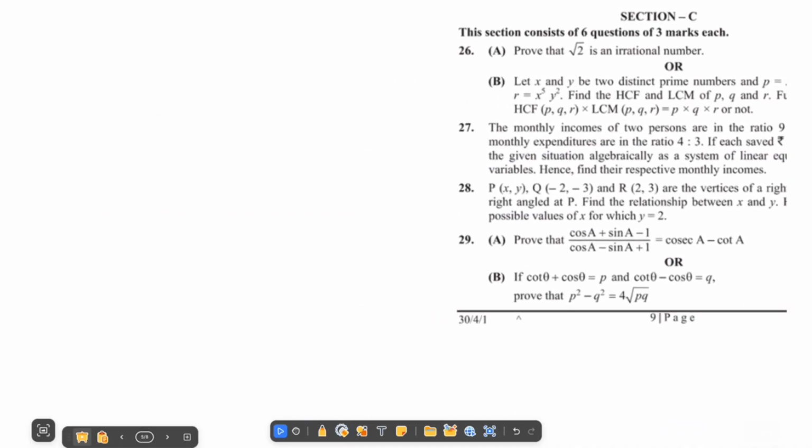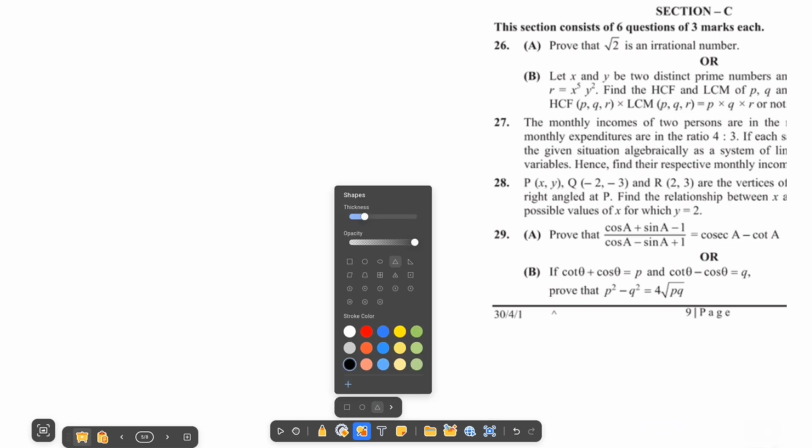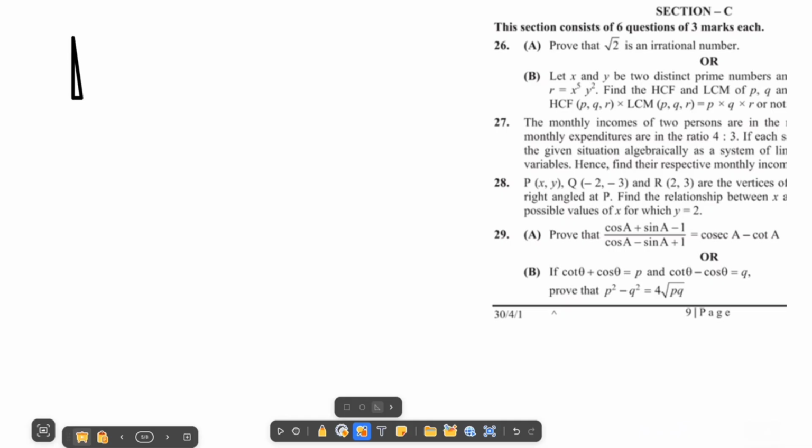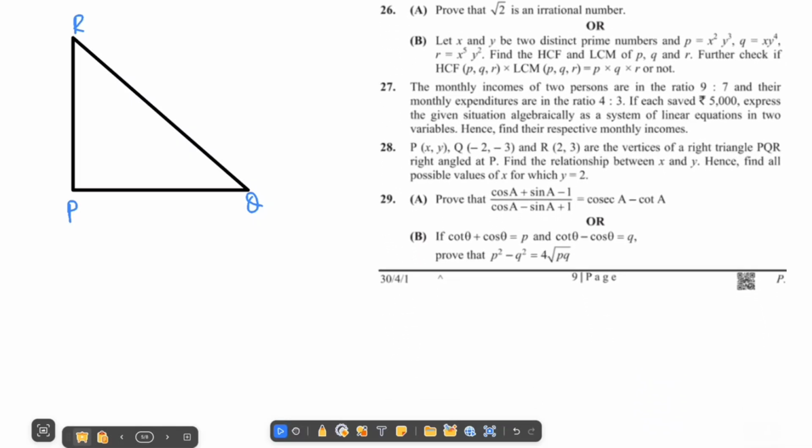So there is a right angle triangle, right angle at P, right? P, Q, R. So P coordinates are given. What are the P coordinates? x comma y.